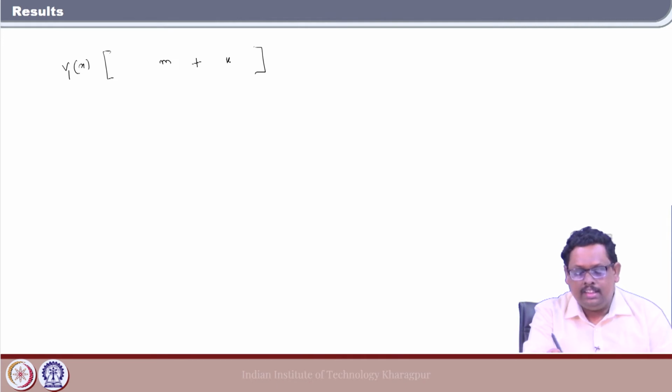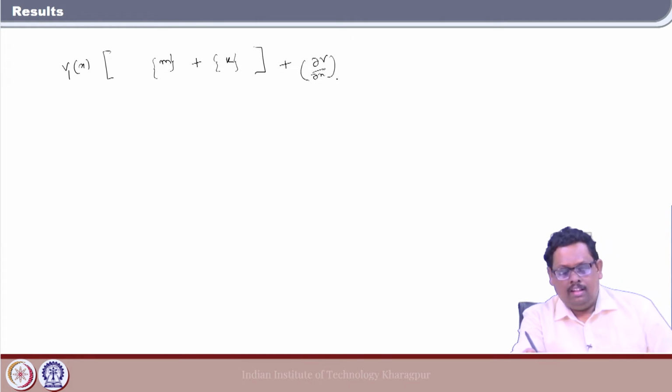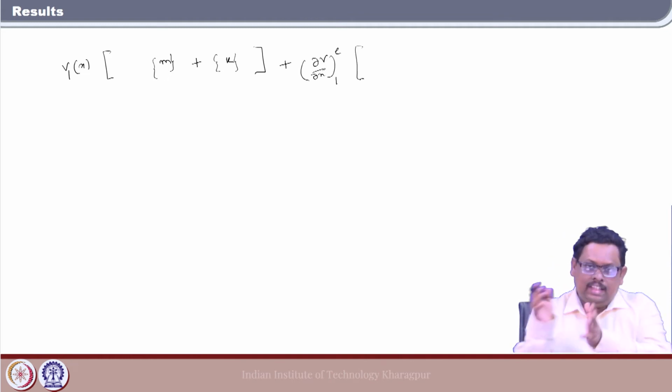So, let us call it k. I am just writing it this way. Okay. Similarly, if you take common del V del x and it is 1 E, you do the same thing, right.